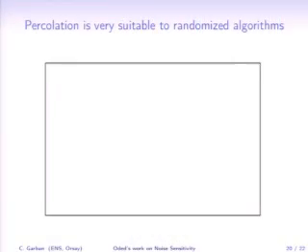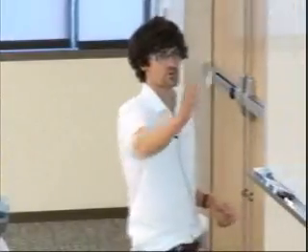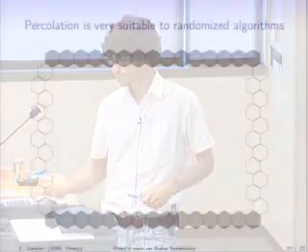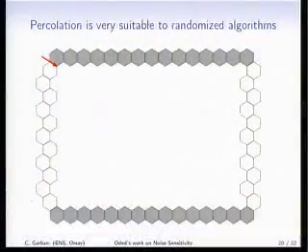So we're interested in percolation. What would be a natural randomized algorithm? Well, we've seen it already several times today. Say you want to have the left-to-right event here by white hexagons. One idea that is present in all the work of Oded on 2D percolation is to use exploration paths.